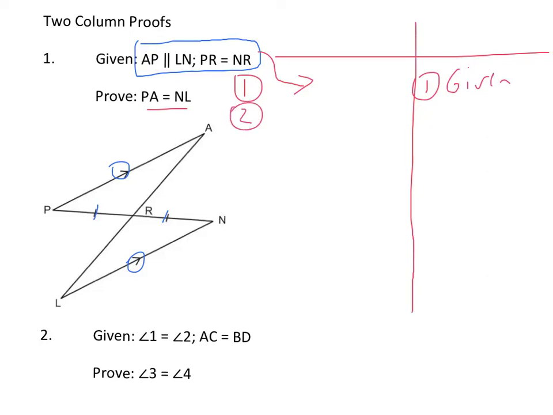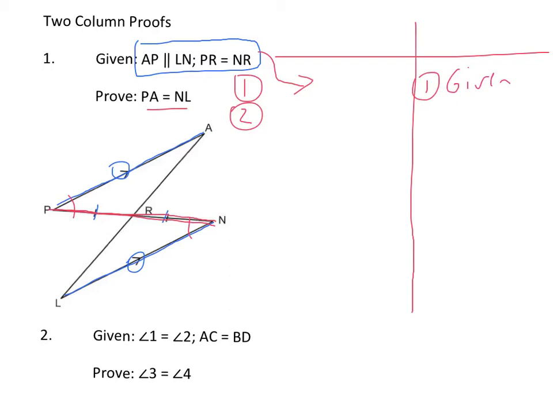So what do those parallel lines tell us? So I know that this one is parallel to this. Okay, and think about all the angles we've talked about. Let's think of this right here as a transversal that cuts through those parallel lines. Think of angle P right here and angle N right there. They would be alternate interior angles, inside the lines on opposite sides, if PN is a transversal.